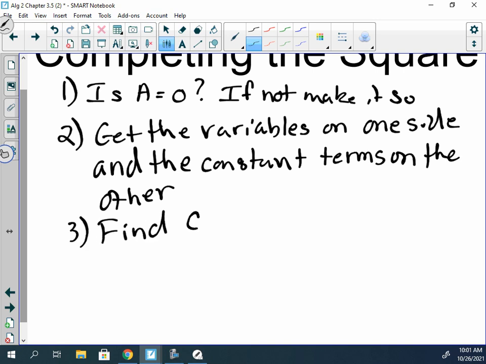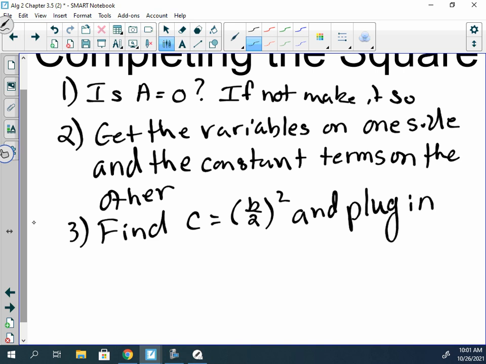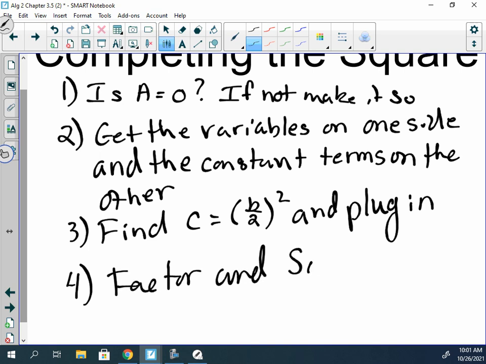Our third step was to find C, which is equal to b over 2 squared, and plug in. Step 4 was to factor and solve.